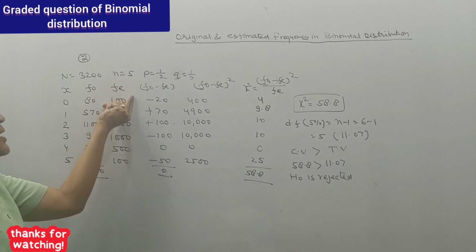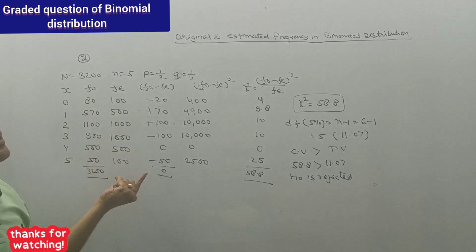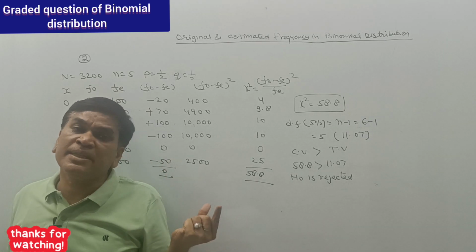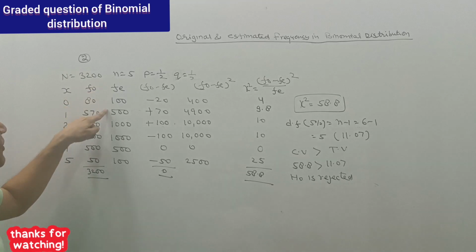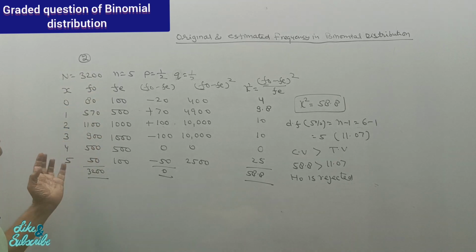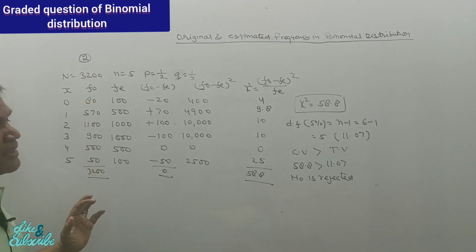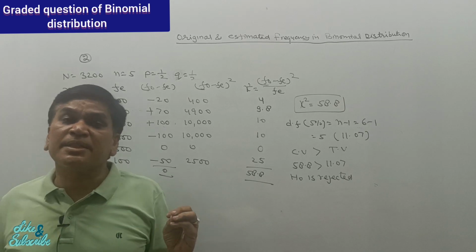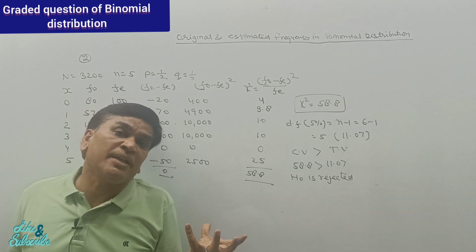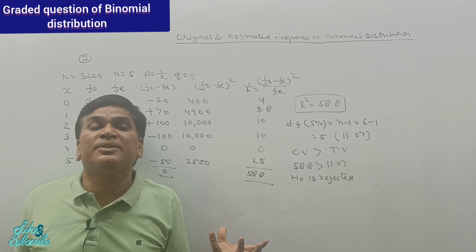The result should be nearby. If the coins are normal, then the result should be nearby to the estimated frequency, but the original frequency has so much difference. It means there is a problem in the coin.